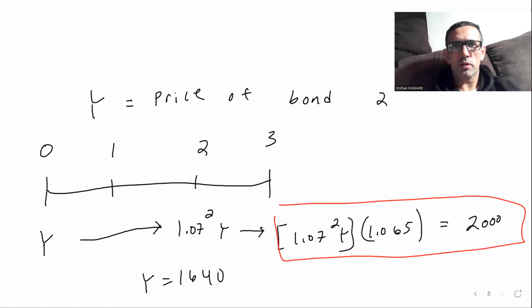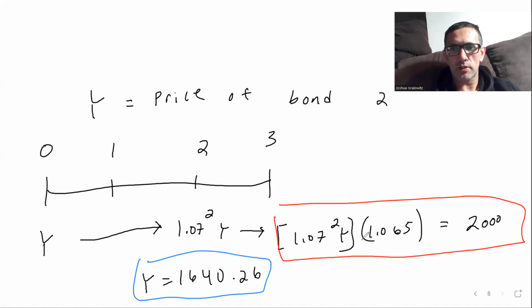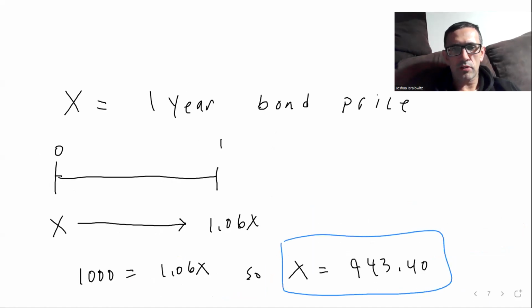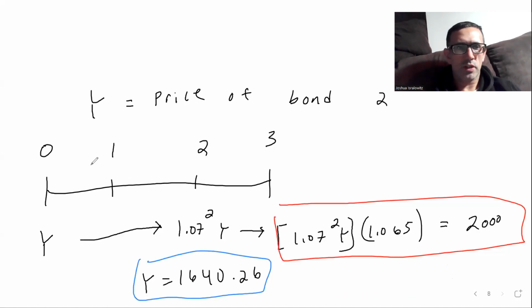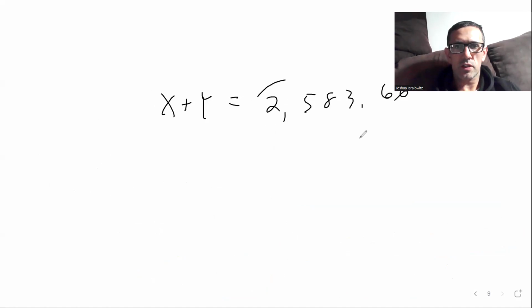And so the problem is asking for this Y plus this X. So you add these two up: 943.40 plus 1,640.26 gives 2583.66.